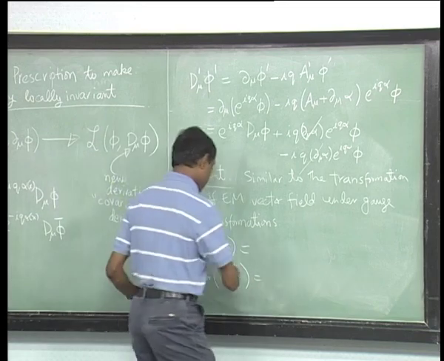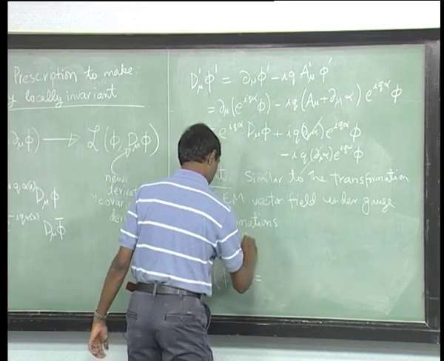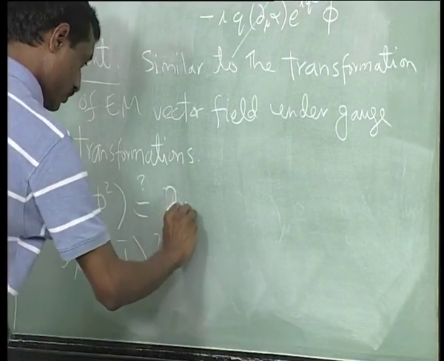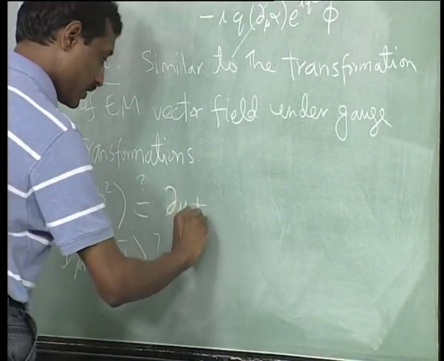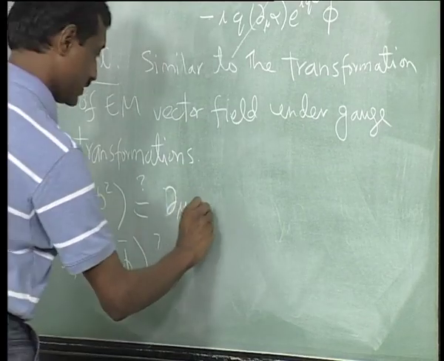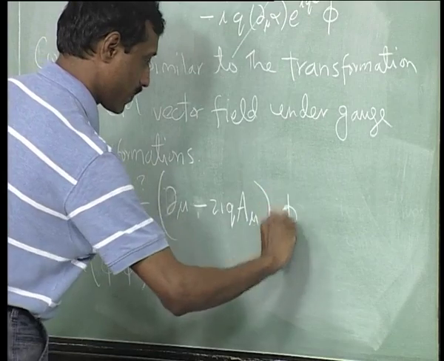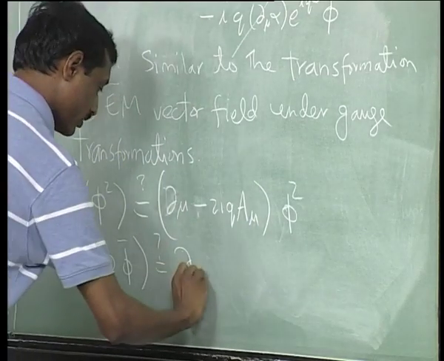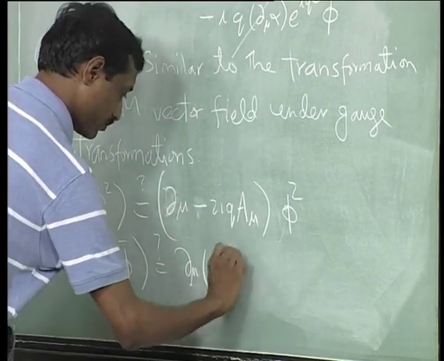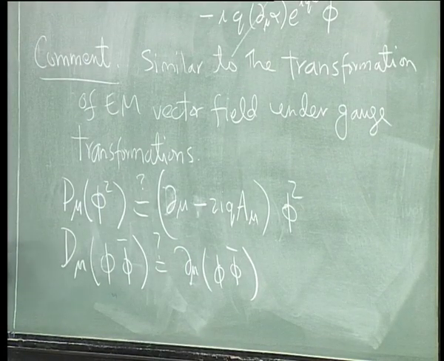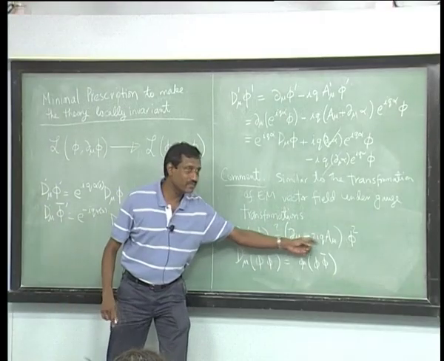So according to this, I am just looking at the charges, and it goes with a minus sign: minus 2iq a mu of phi squared, and this should be just the ordinary derivative of phi bar. Okay. It is a fun exercise to check that I can make the Leibniz rule work, and it will be compatible with these two statements.